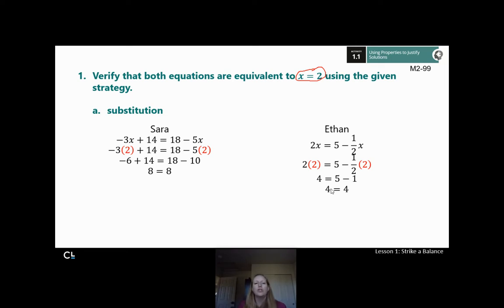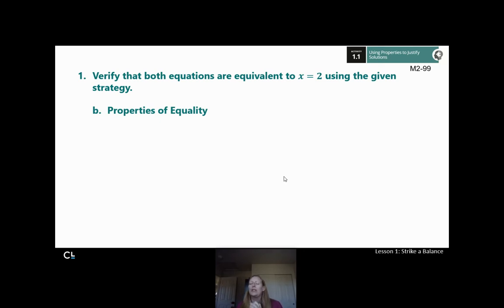So this was our substitution strategy. Plug it in and make sure both sides give us the same thing. Boom, it's a solution. Hooray. Now, a little further though, let's actually use our properties of equality. So all those properties we were just talking about, how you add the same thing to both sides, or subtract the same thing to both sides, or multiply the same thing to both sides, use that strategy to find out what x equals.